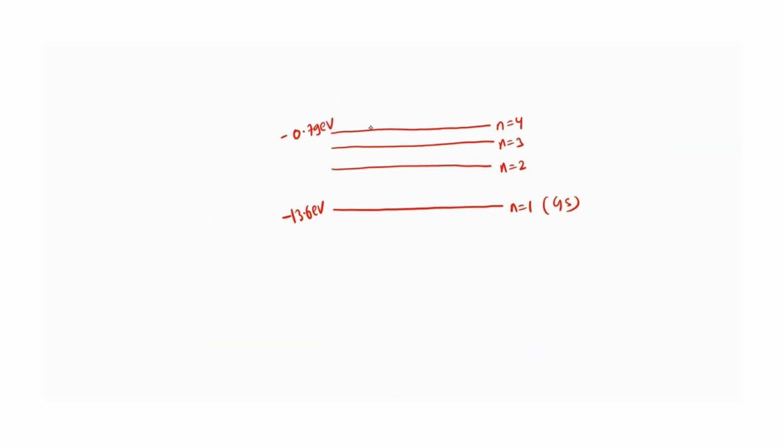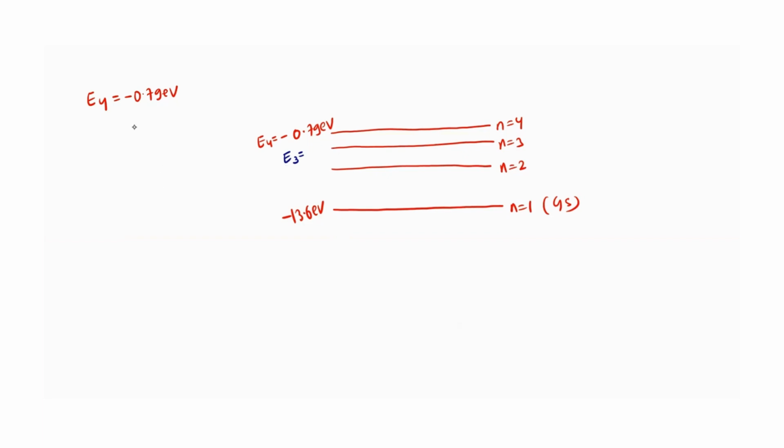So we have this. This is E4. Clear? So E4 is minus 0.79 electron volt. So we have to find energy for n equals 3. So we have to find E3.